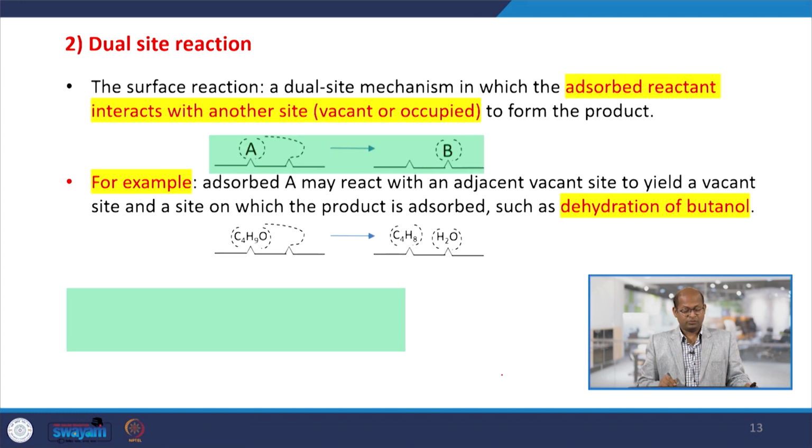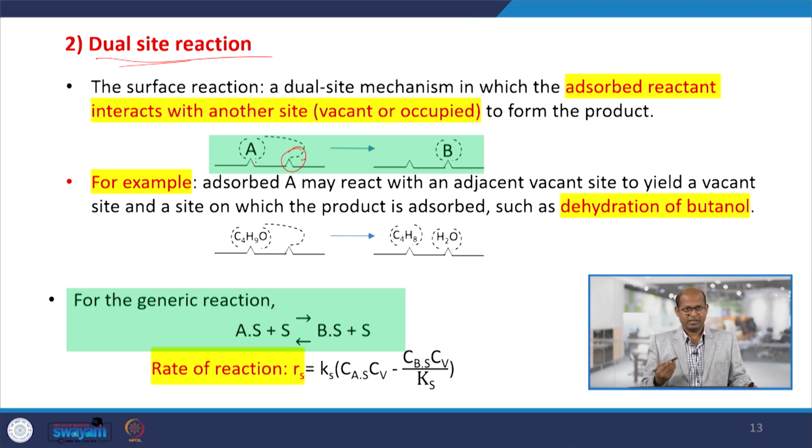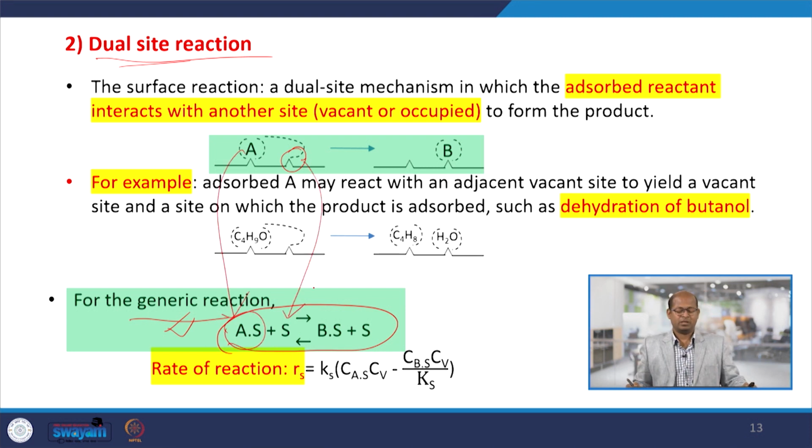Okay. So, now the dual-site mechanism; similarly, a vacant site is also there, so that also takes part in the reaction. When reactant A gets adsorbed over the surface site, we can write this type of mechanism this way. This is A occupied on this site, and this is a vacant surface site. When both come in contact, that is, for conversion of reactant A, it requires two different active sites of the catalyst, then it is converted like this and this.